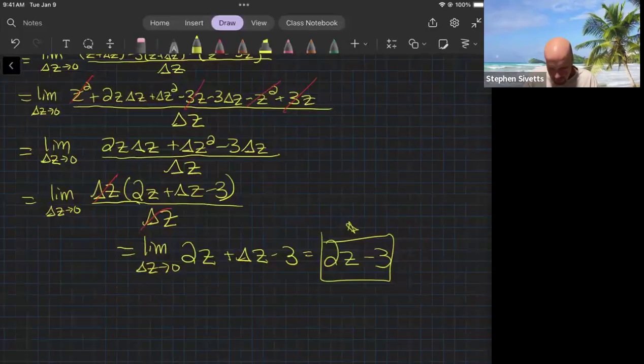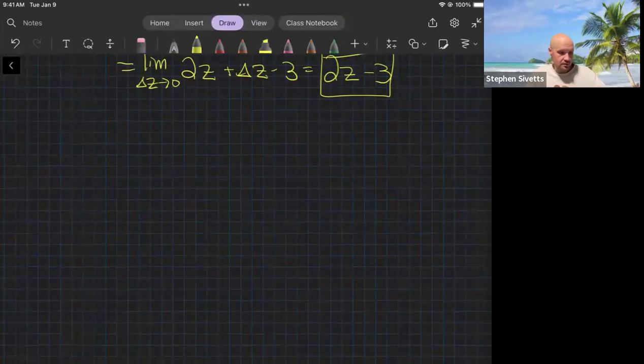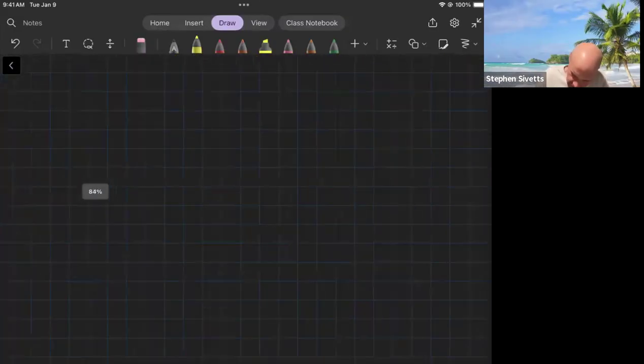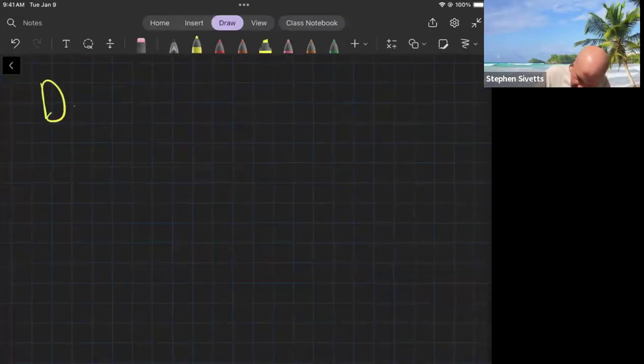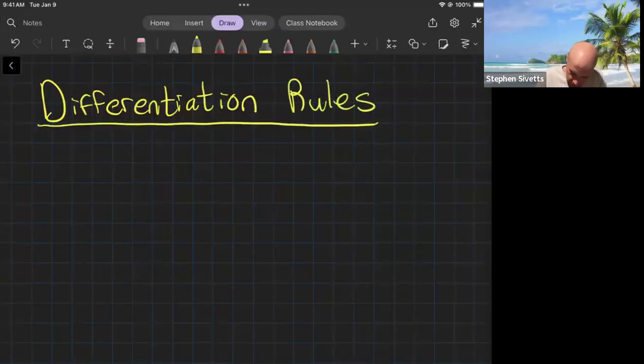So it's pretty straightforward computing the derivative using the definition. The next portion is I'm going to write out some differentiation rules, and these will be the same as the differentiation rules you've seen in Calc 1.